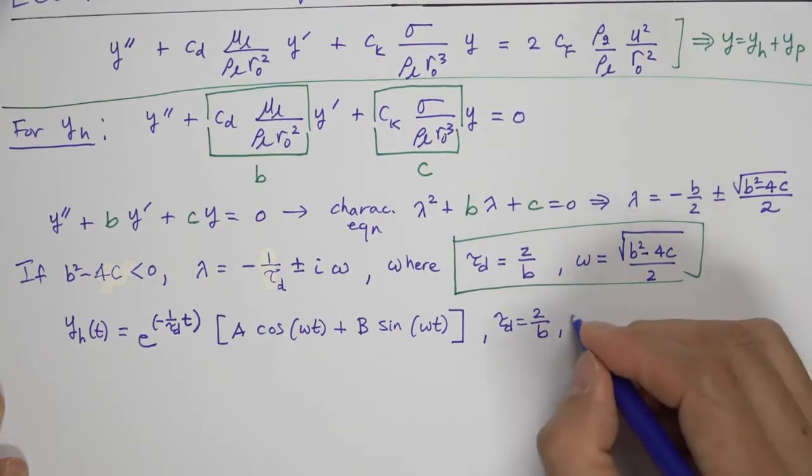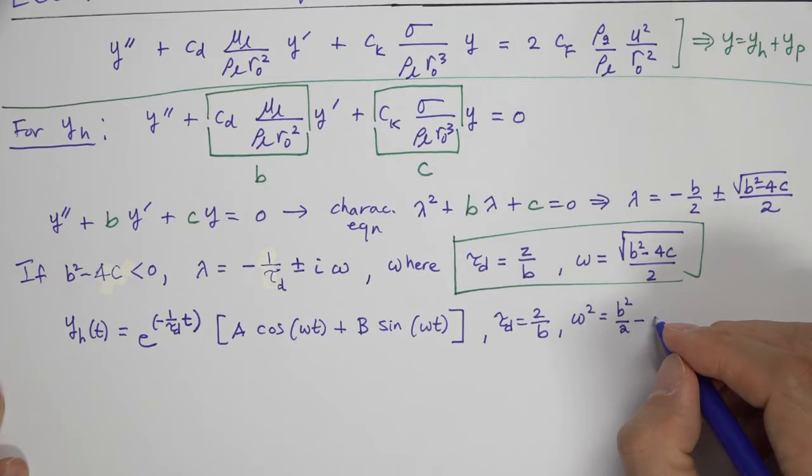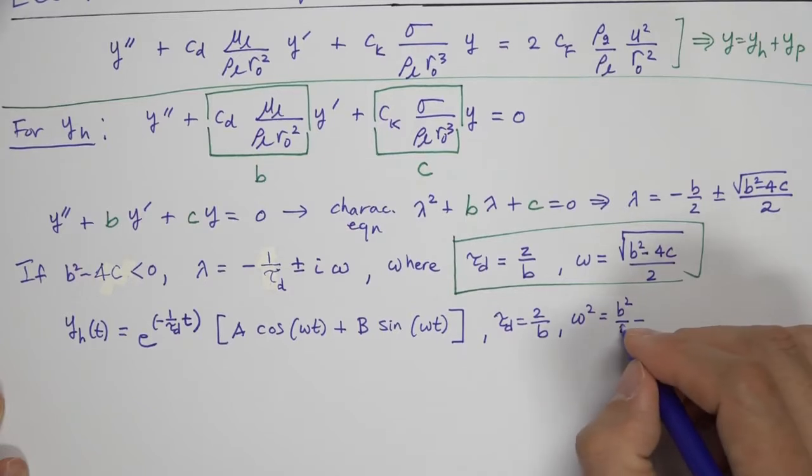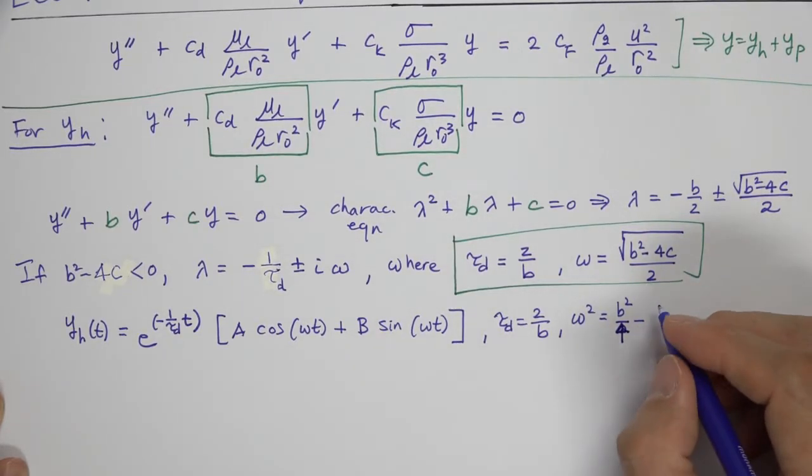Okay, also if you square this term, that's b squared over 4, minus 4c over 4.